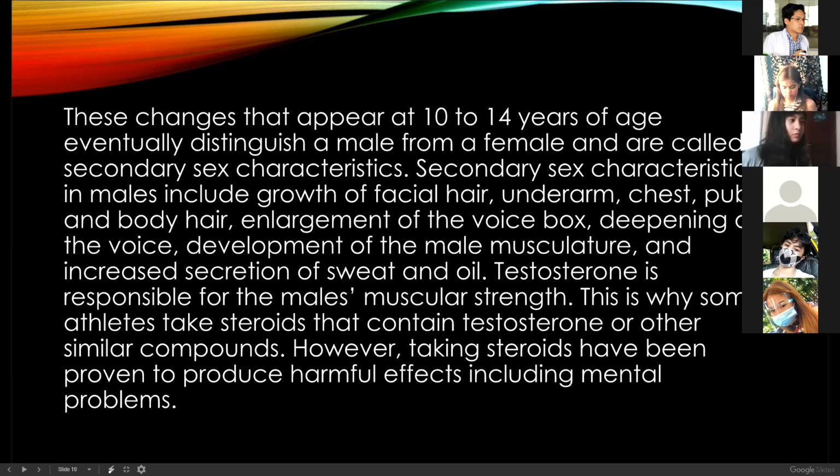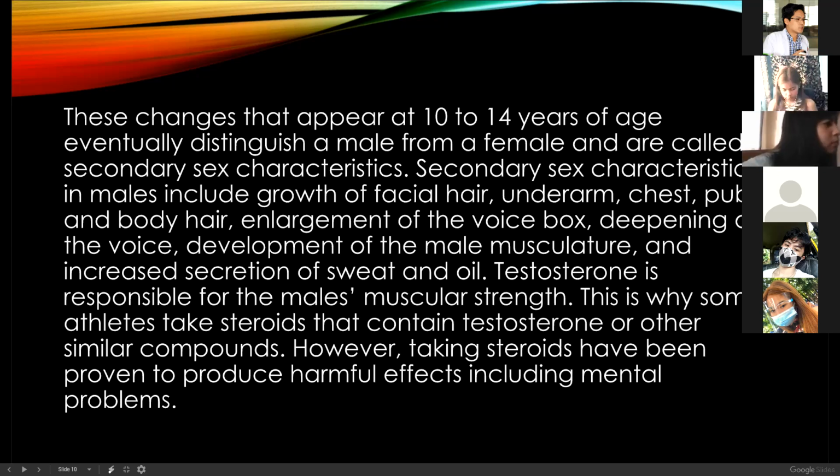This is the hormone therapy for females who want to be male. They take testosterone in order to change their body. Remember that we are driven by hormones. We are driven by chemicals. One good example is the singer, I forgot the name.